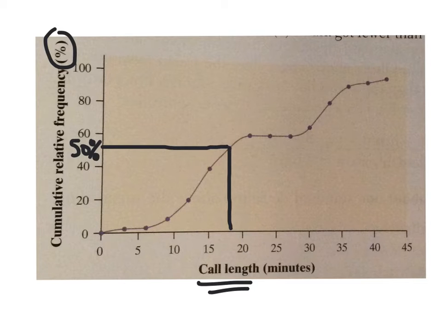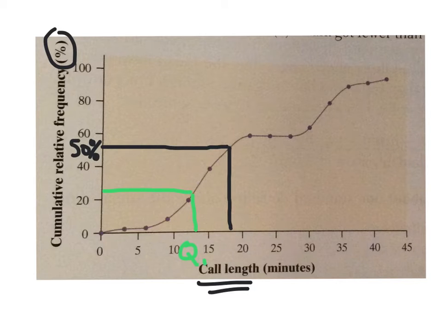So here's another thing. Don't forget that quartile 1 is really the 25th percentile. So if they ask for quartile 1, don't get confused. That's the 25th percentile. So we'll call that Q1. What does that look like? Maybe 13 minutes. So 25% of all the calls made were less than 13 minutes. How about Q3?